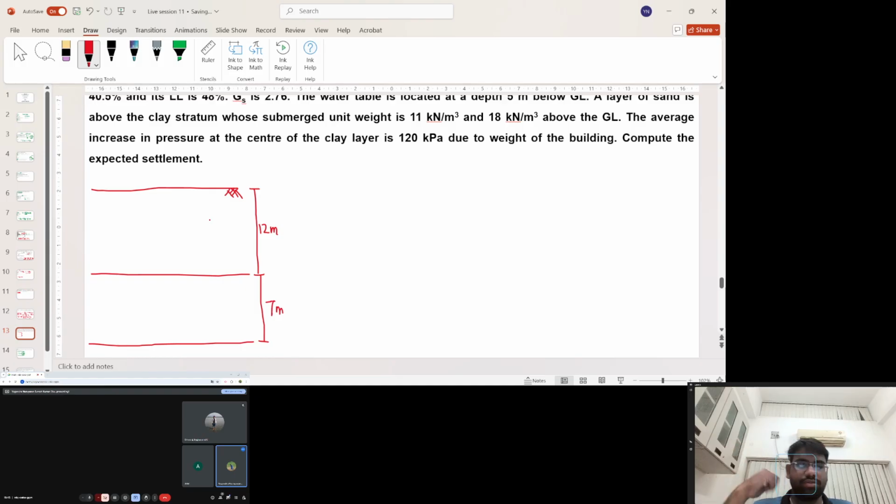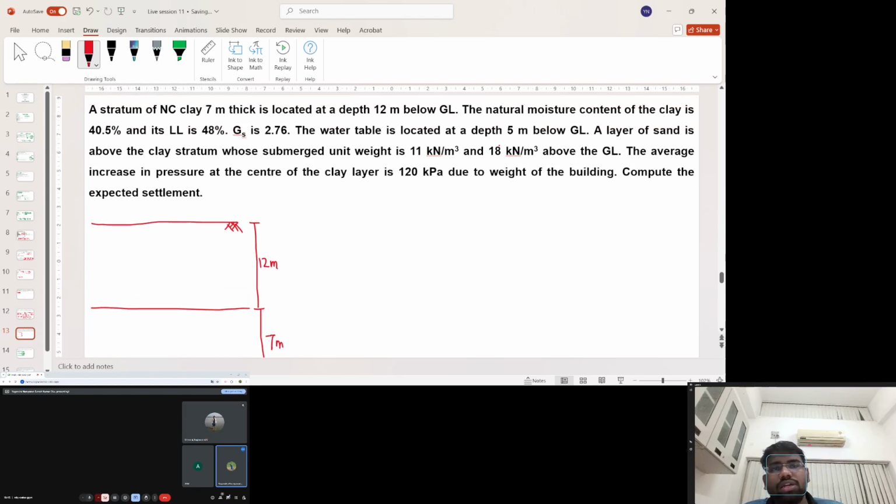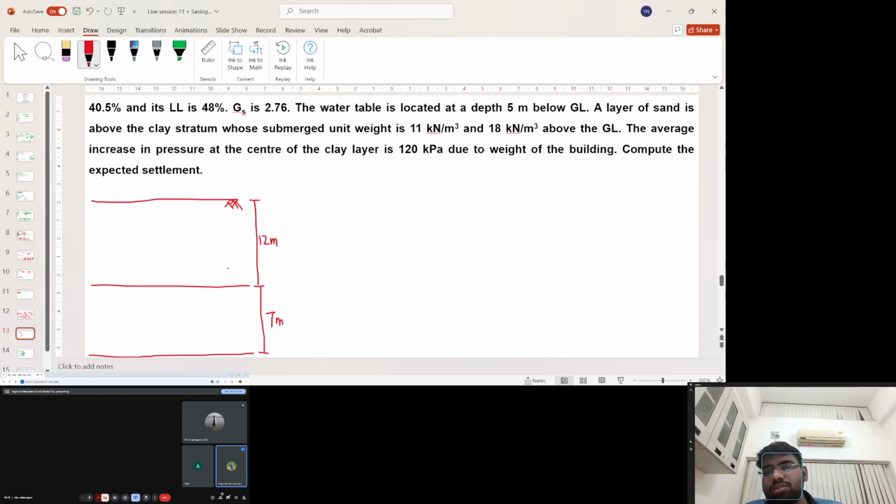Right? Now here another thing is they have given that water table is located at a depth of 5 meter below ground level. So this is the groundwater table, at a depth of 5 meters, 7 meters. Alright.